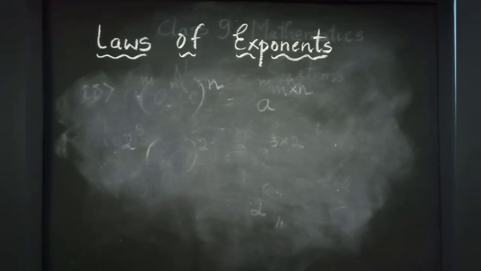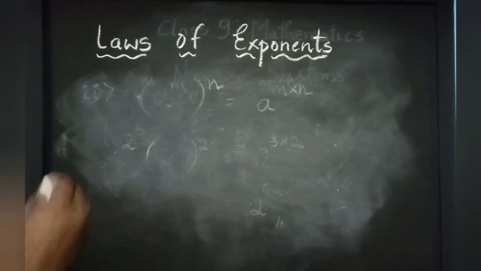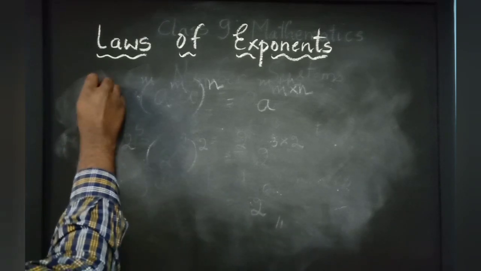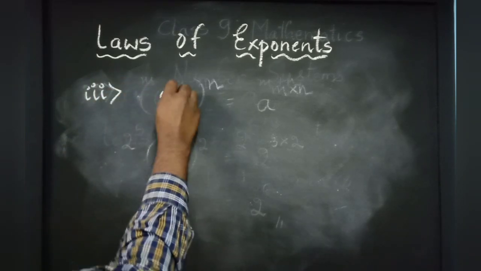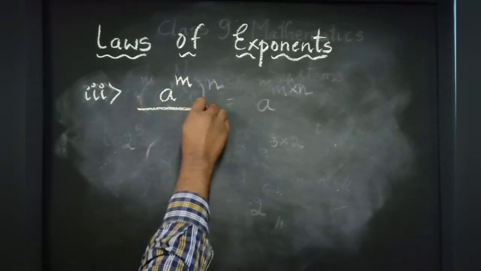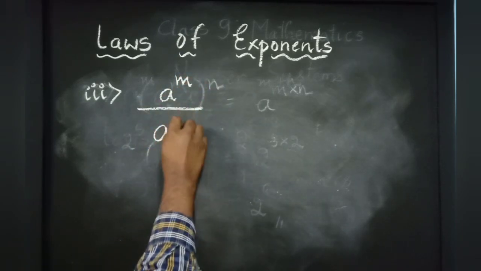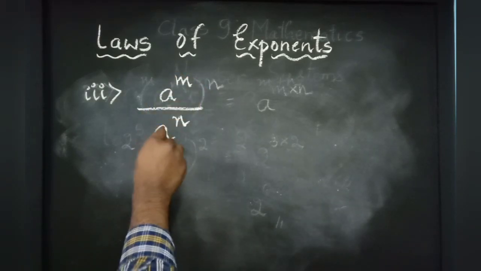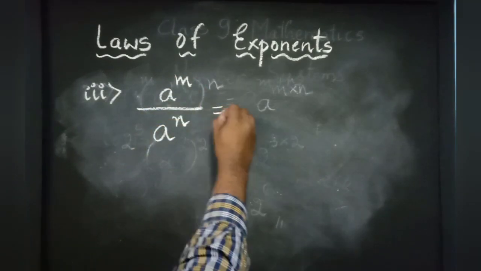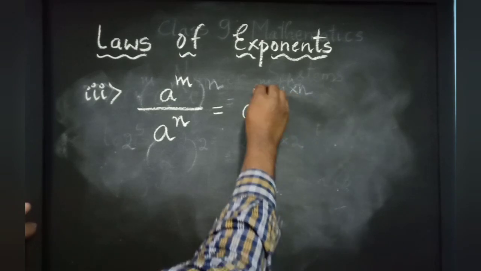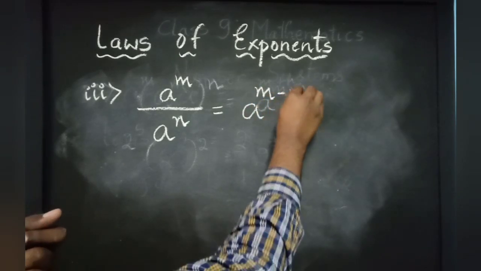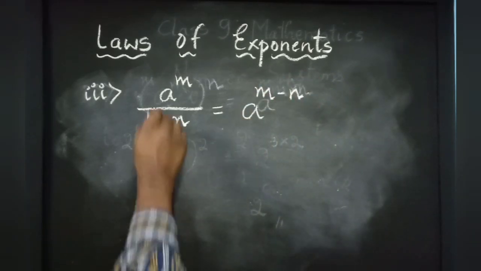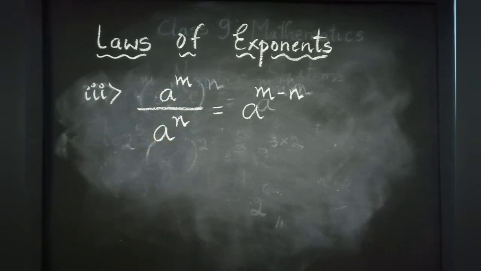Now moving to third law of exponent. A power m divided by a power n can be written as a to the power m minus n when the bases are same.